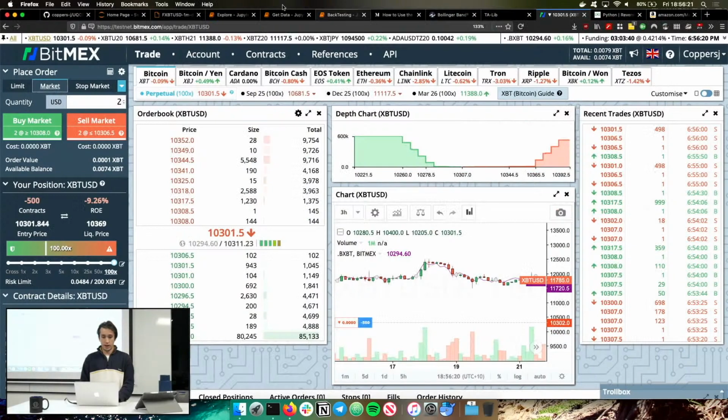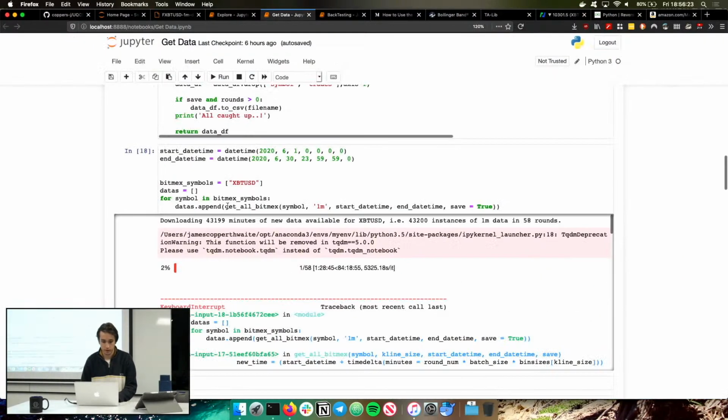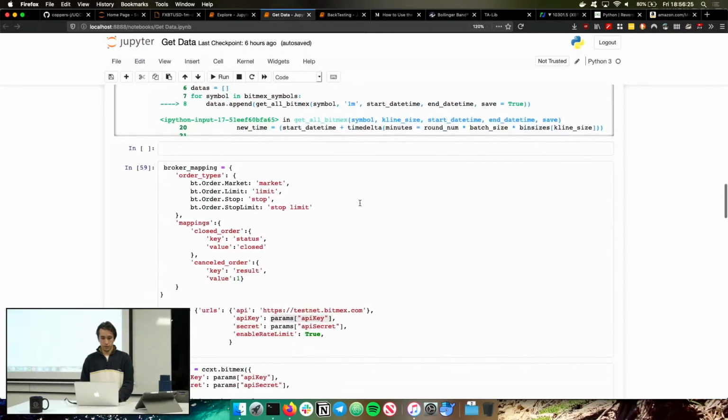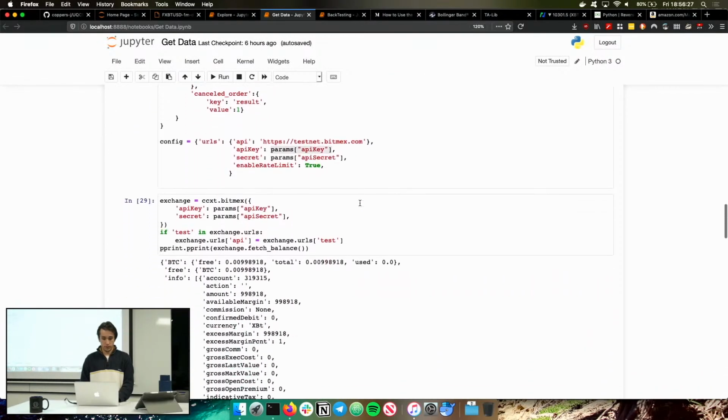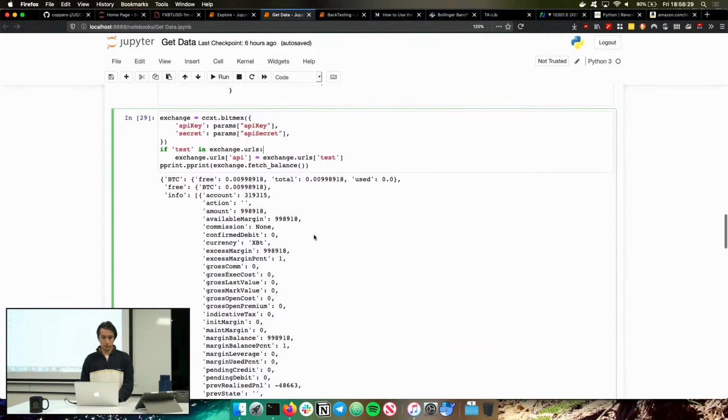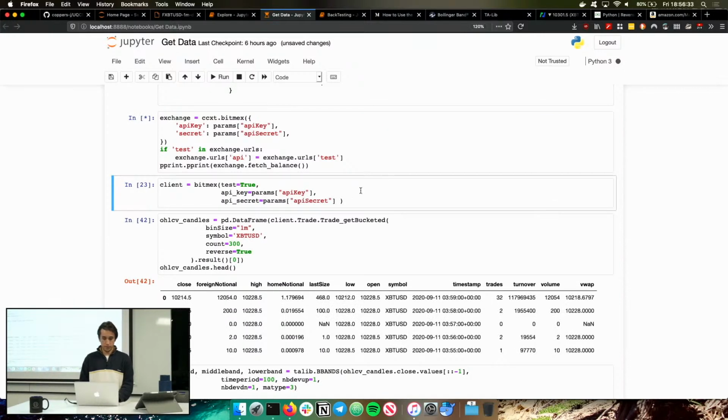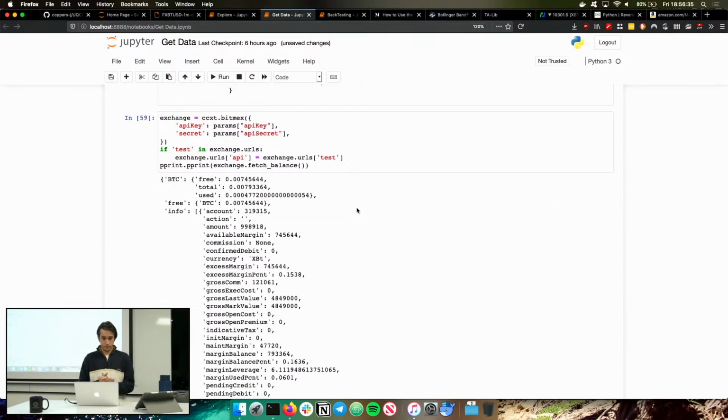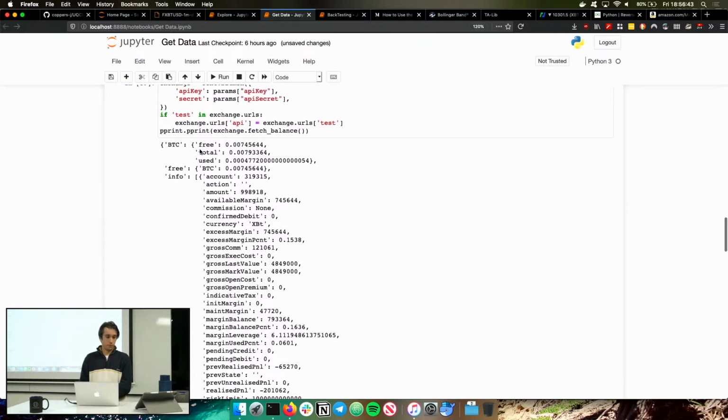To have a quick look at the API, I have some code just in here, and we can open and close trades using this. If we run this block of code, it gets our cash balance, so it just gets our account information from the exchange.